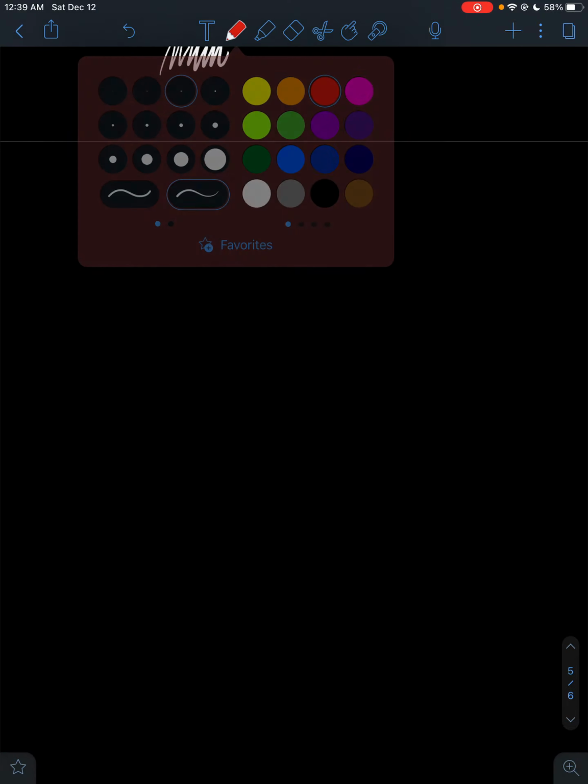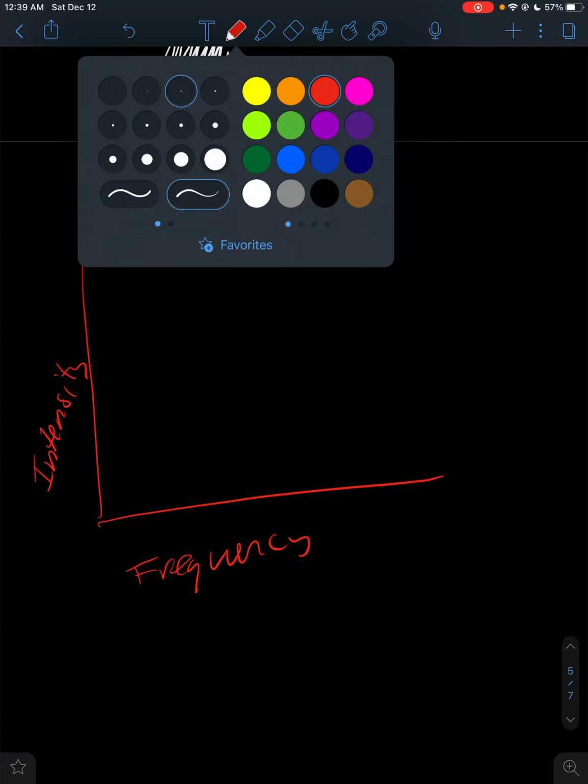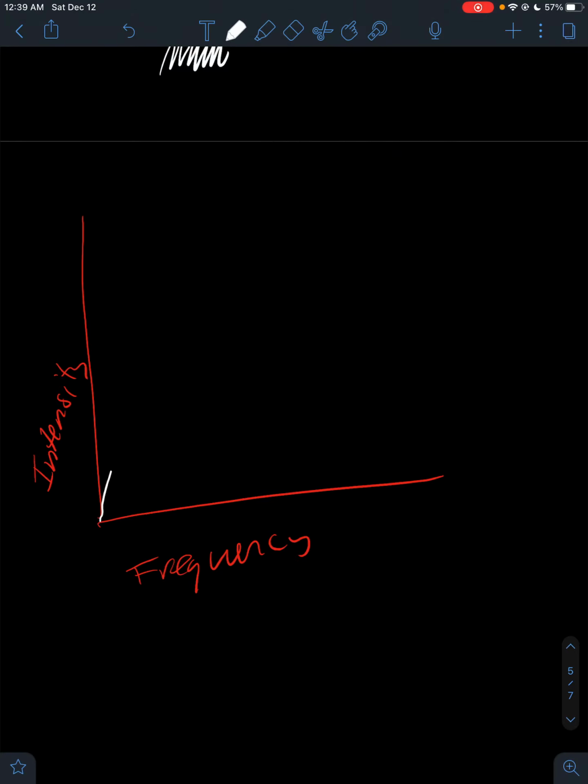However, when you actually perform this experiment, when you have intensity here and frequency here, and you physically observe the intensity and the frequency, the correlation that you get is it starts increasing, which makes sense.